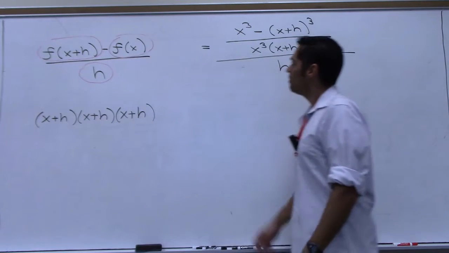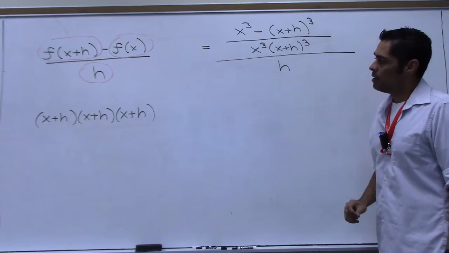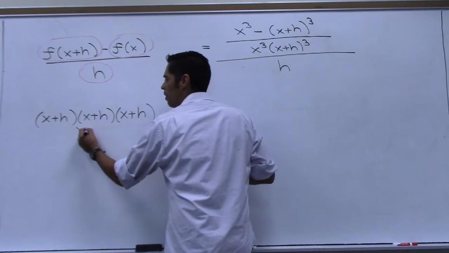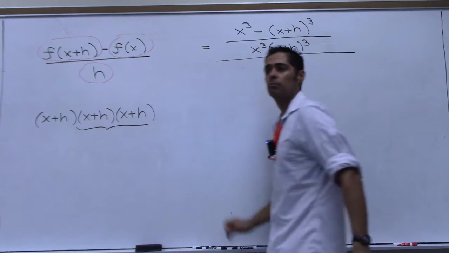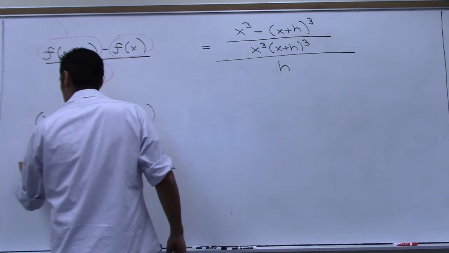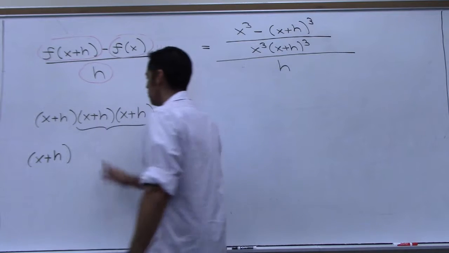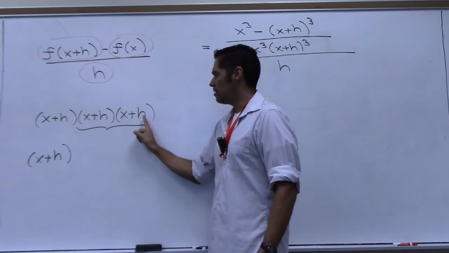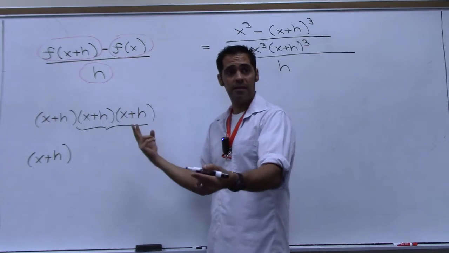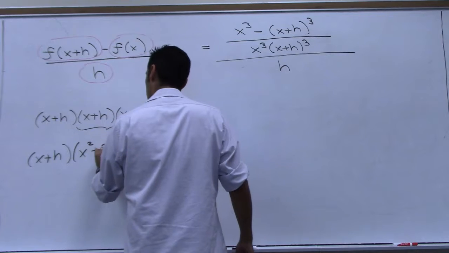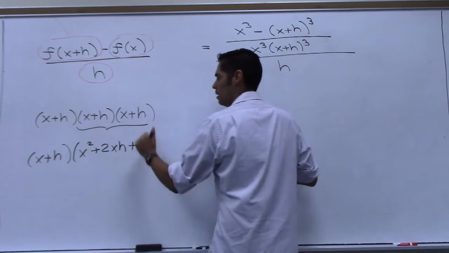When I do that, I like to do these two first. Put those two together, and then have the x plus h sitting out here waiting for the rest of this. So what would you get here? Good. x squared, xh, and then another xh, so 2xh. And then what's my last one? h squared.